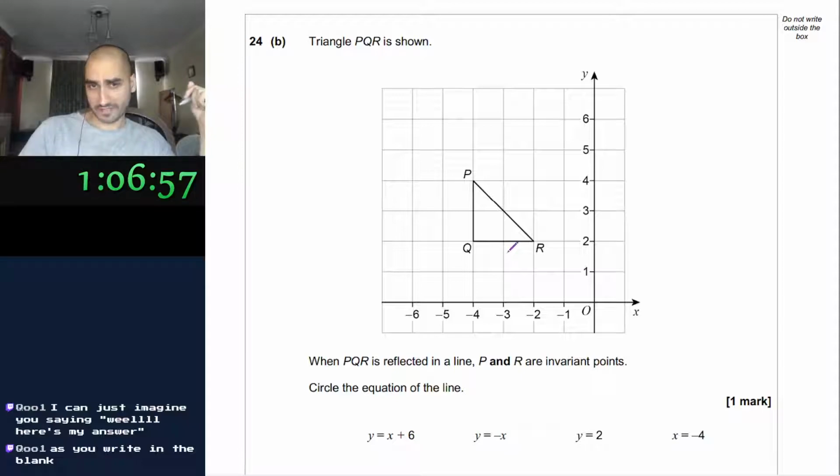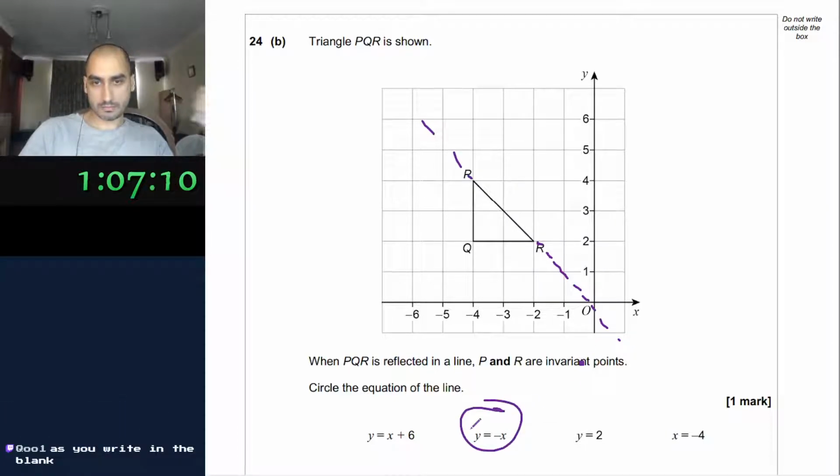So I would guess you're reflecting in the line PR. Circle the equation of the line. Well, it must be this line, and that's just y equals x. Yeah.